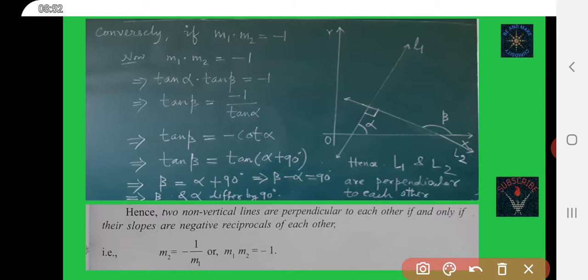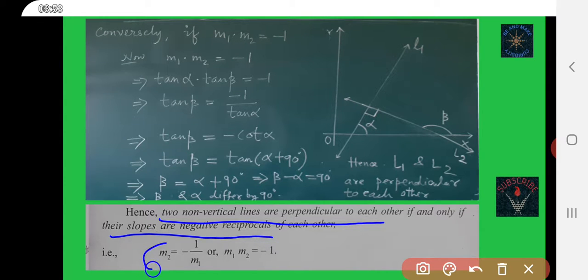Hence, in conclusion, we can write two non-vertical lines are perpendicular to each other if and only if their slopes are negative reciprocals of each other. If two lines are perpendicular to each other, then their slopes are negative reciprocals of each other.